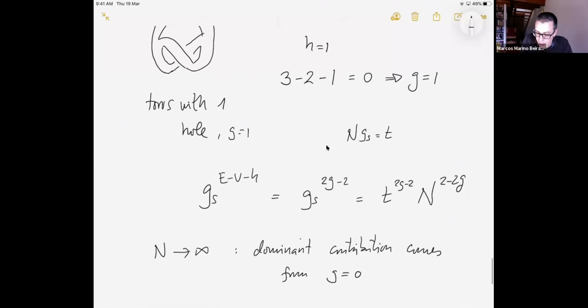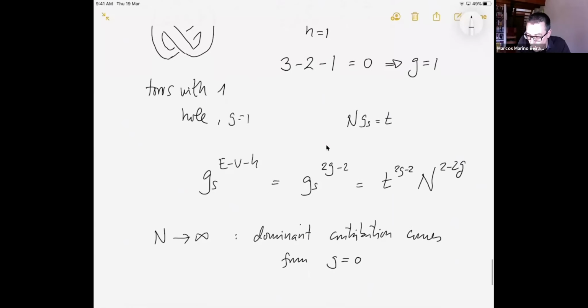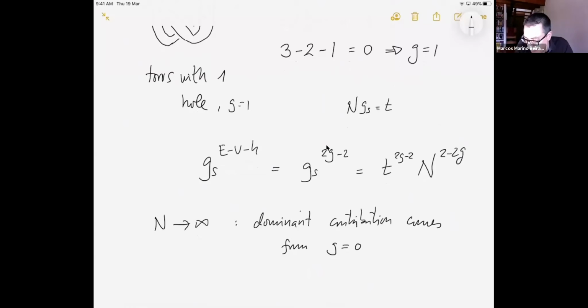So that's very interesting. That's why this is sometimes called the topological expansion. If you look at all the diagrams that you can write in this way, diagrams which are topologically a sphere are going to be dominant when n is large. And then as you add genus to the surface, you will be suppressing their contributions.